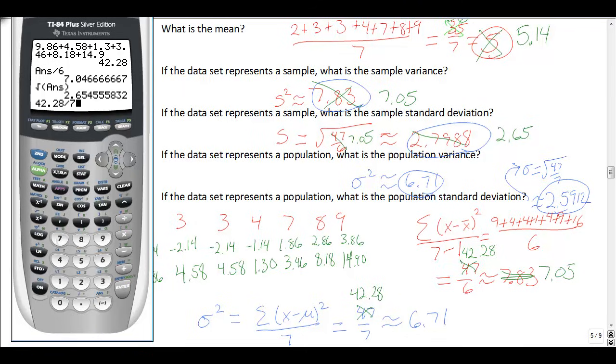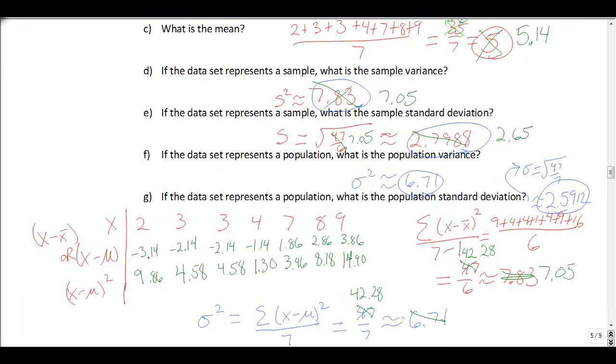And then divide by 7, 6.04. It works out to be exactly 42.28 divided by 7, but that 42.28 was rounded here. So this again is 6.04.